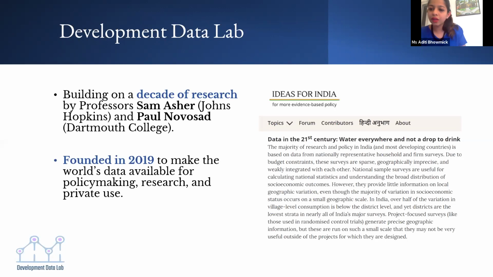In the process of their work, they realized that they were sitting on a gold mine of data, and they realized the need for platforms such as Shrug and an organization such as DDL. Therefore, as of today, we're a team of about 9 economists and data scientists actively trying to push the frontier where the principles of data science can marry those of social science research and policy.